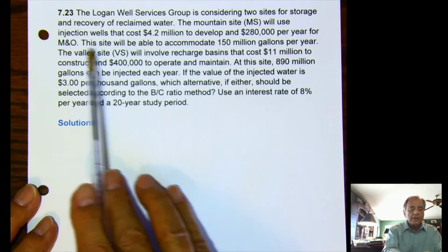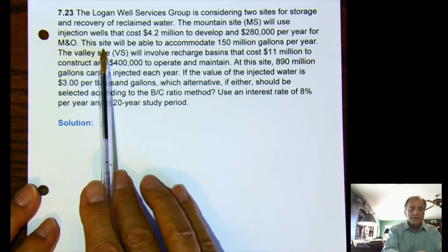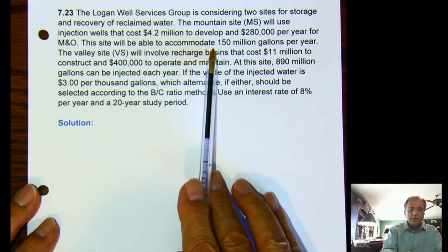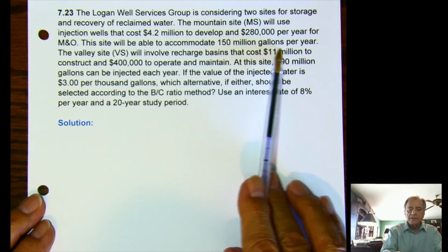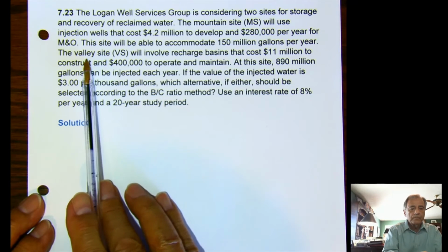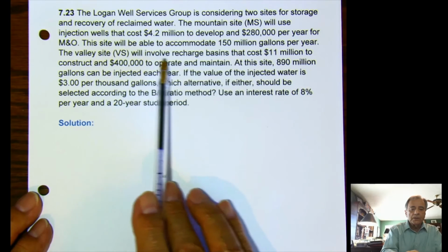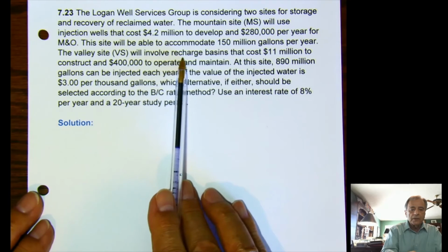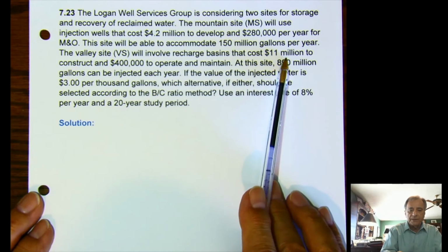$280,000 per year maintenance and operating costs. This site will be able to accommodate 150 million gallons per year. The Valley site, okay, will involve recharge basins that cost $11 million.